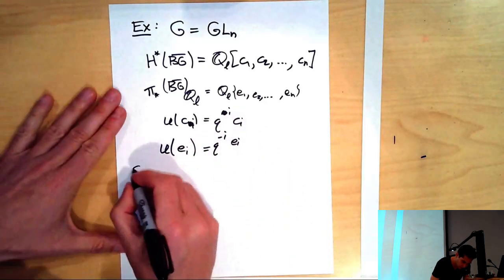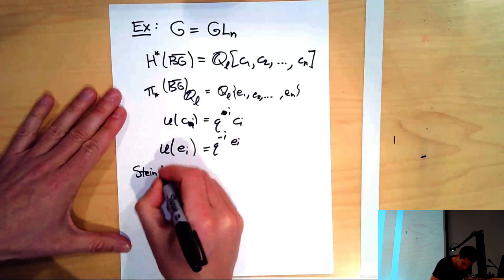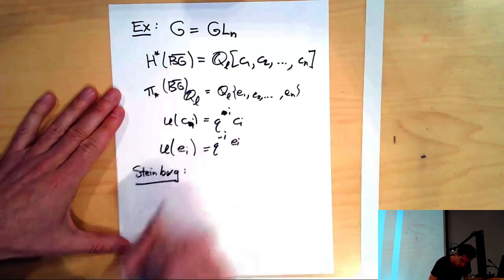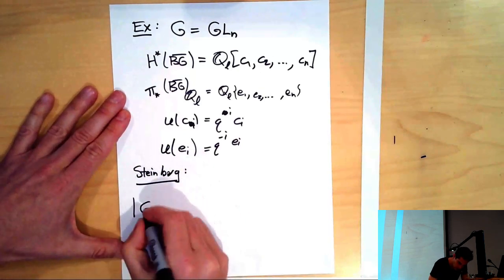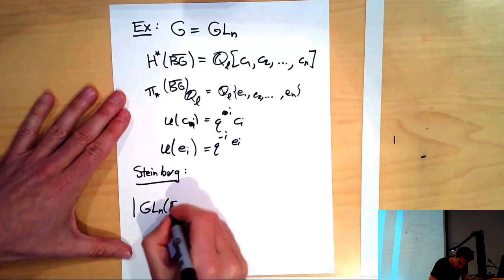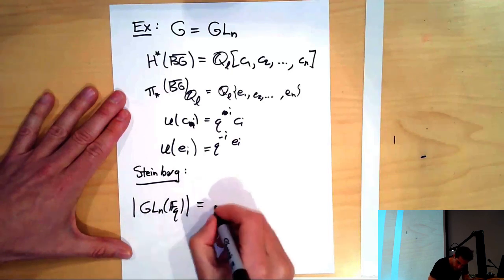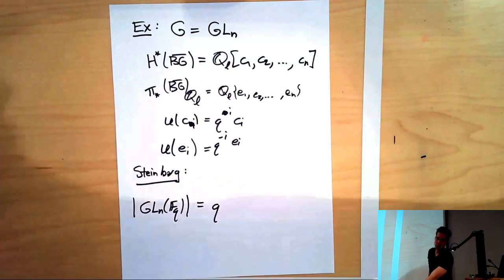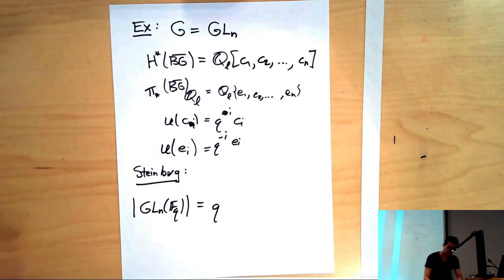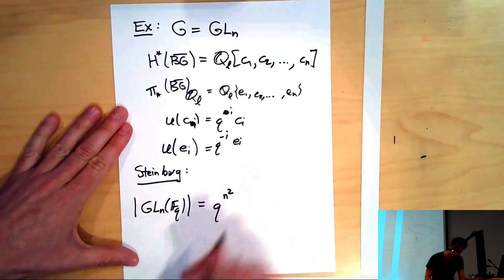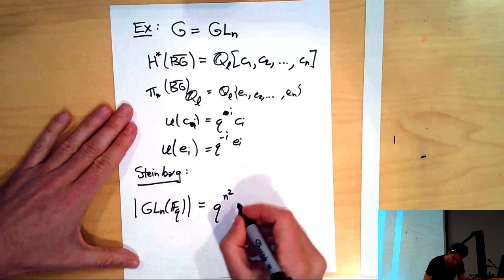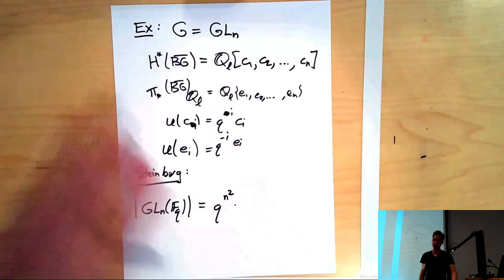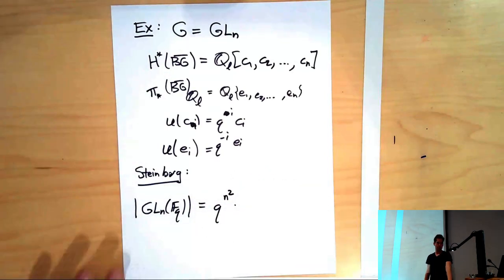So then what does Steinberg's formula say? It says that the number of elements of GL_n(F_q) should be, well, first q to the power of the dimension of GL_n, that's n squared. And then I have to multiply by this correction, which is the determinant of 1 minus Frobenius on this n-dimensional vector space.